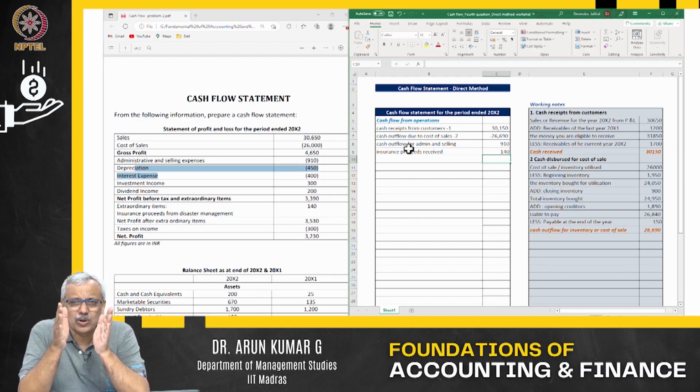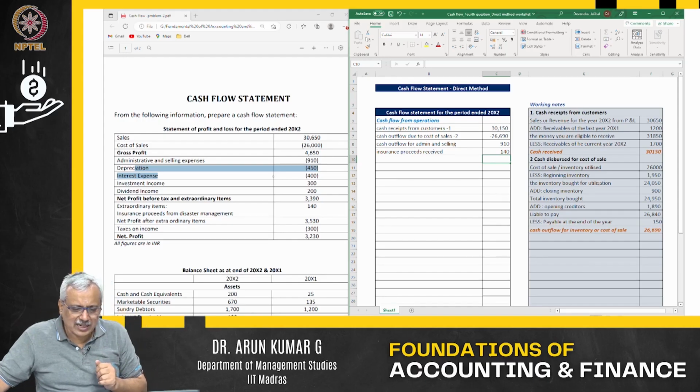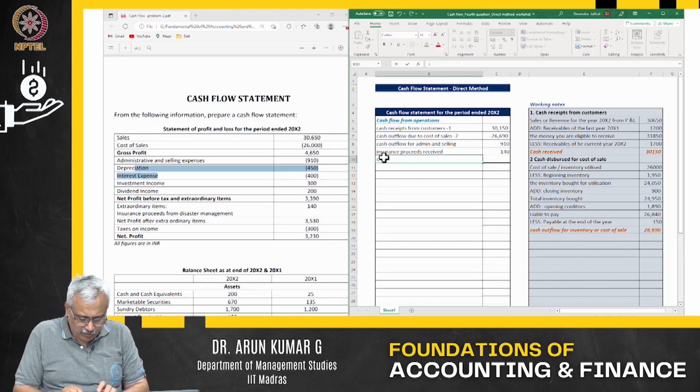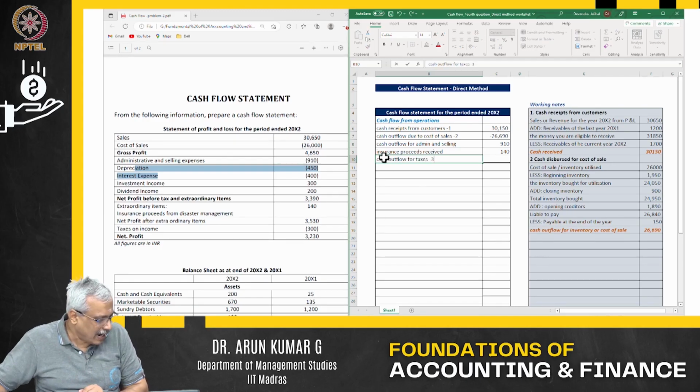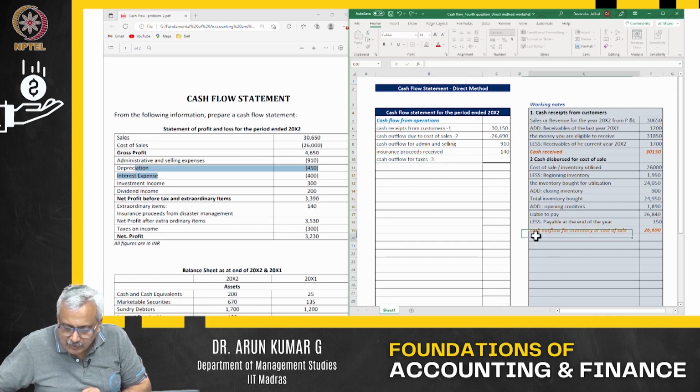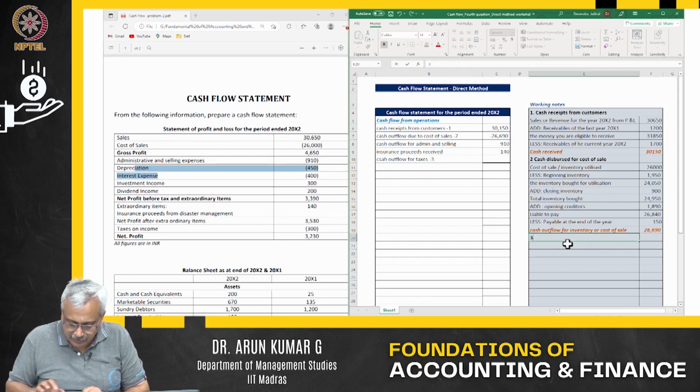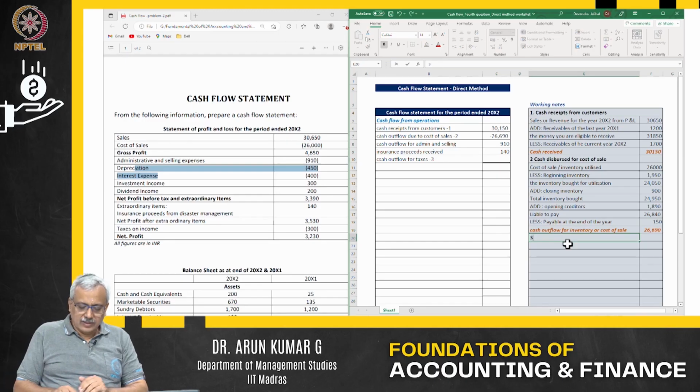Profit pertains to core activity profit, and tax on the profit pertains to core activity. So let us look at income taxes, that is cash outflow for taxes. I am going to keep it as 300 and do that particular calculation here.